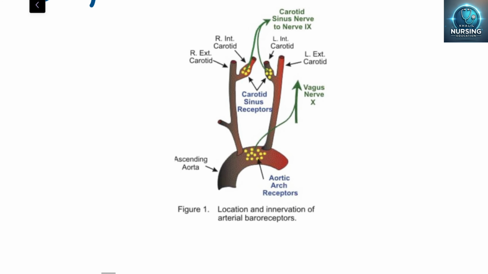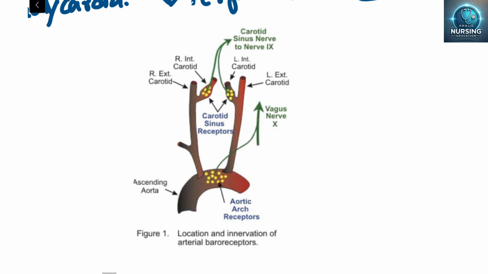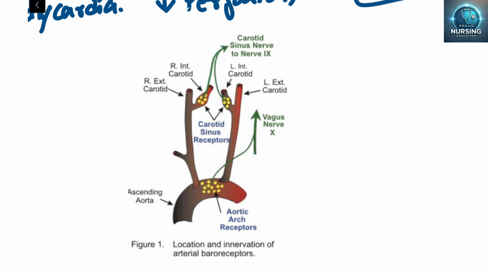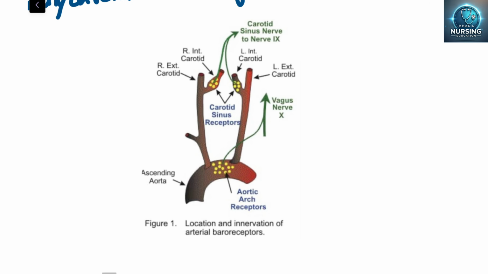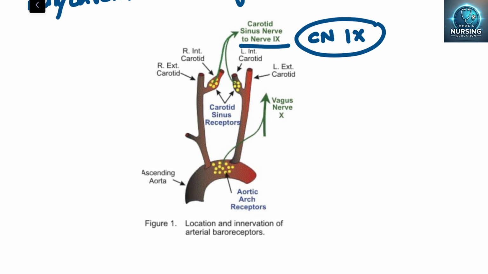Coming to the aortic arch receptor. See here, carotid sinuses will stimulate the cranial nerve ninth, that is nothing but the glossopharyngeal nerve. Next, aortic arch receptors will act through the vagal nerve, that is cranial nerve 10th.